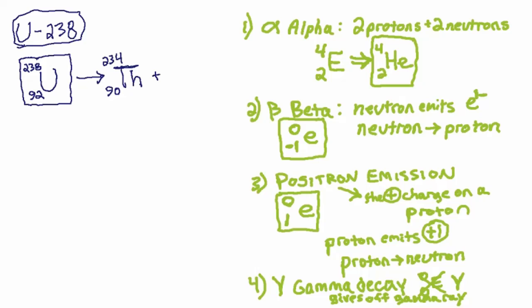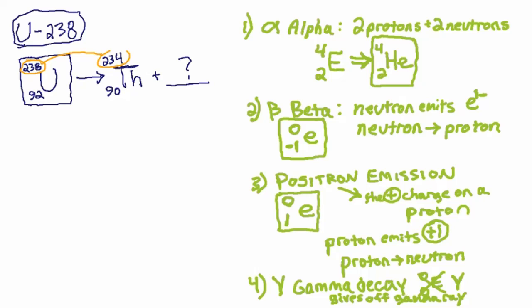Now, what would have had to happen in order for uranium 238 to change into thorium 234? Well, let's look at the differences. What's the difference on the left side of the yield arrow versus the right side of the yield arrow? First, we have the weight is 238 over here.